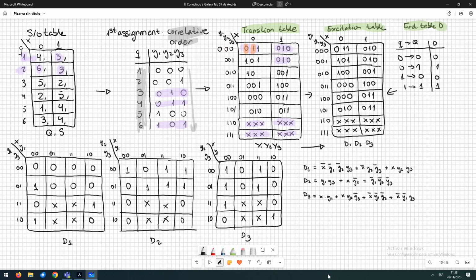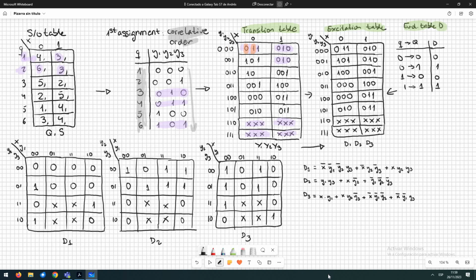It's quite difficult to obtain from that the minimum function for D1, D2 and D3. So I have built 3 Karnaugh maps and I have filled them using the excitation table. And now we are going to obtain the prime implicants of all the Karnaugh maps, and we are going to obtain the logic functions of D1, D2 and D3.